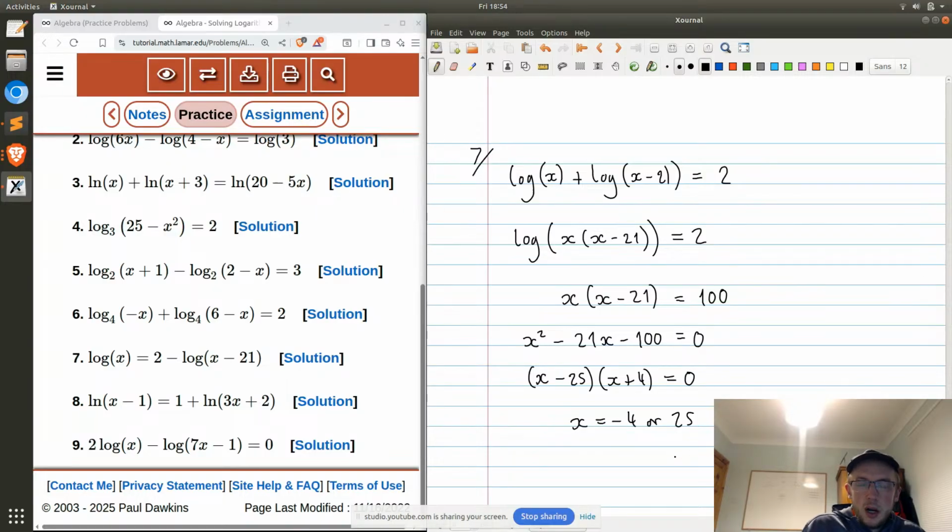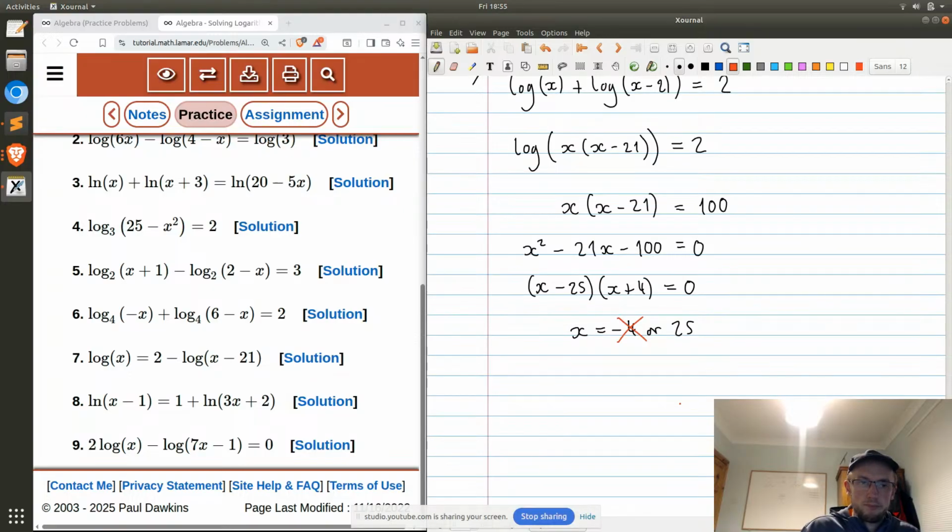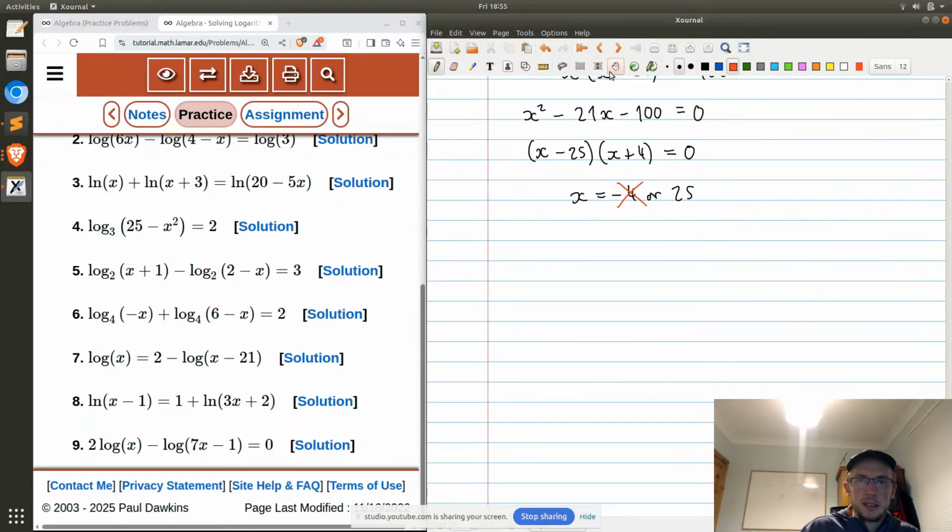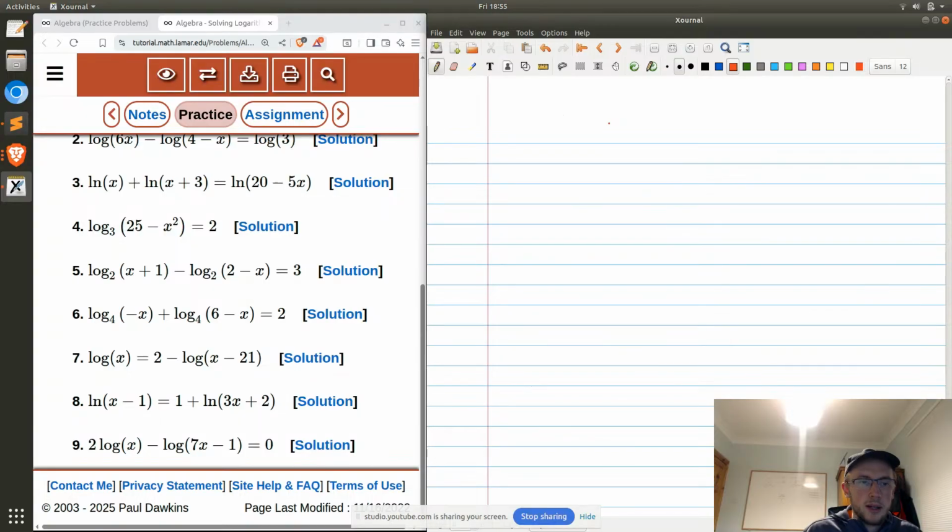But are these valid? Well, the answer is no for that one. That's false, because we cannot do log of -4. That's not permitted. And 25 appears to be totally fine. But we will check it in a short while.